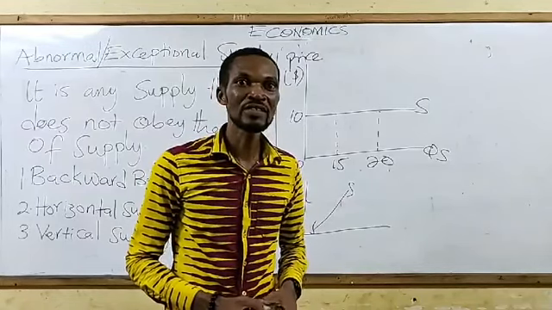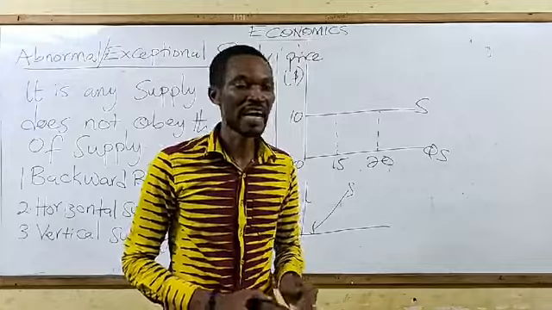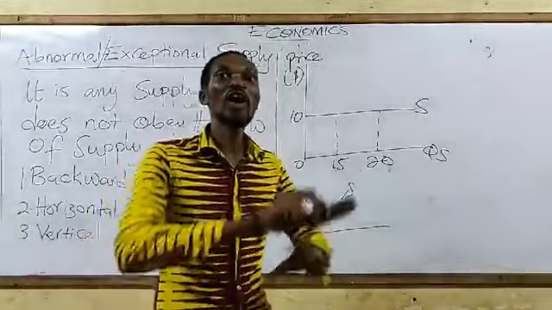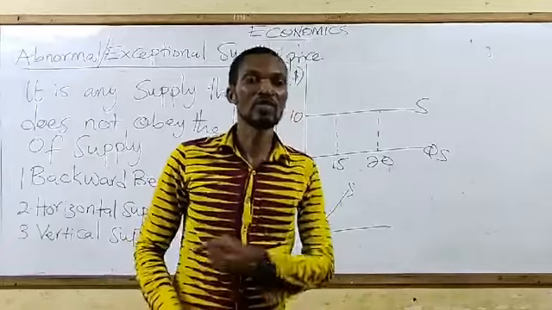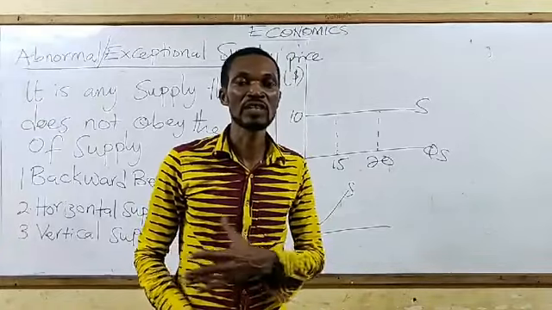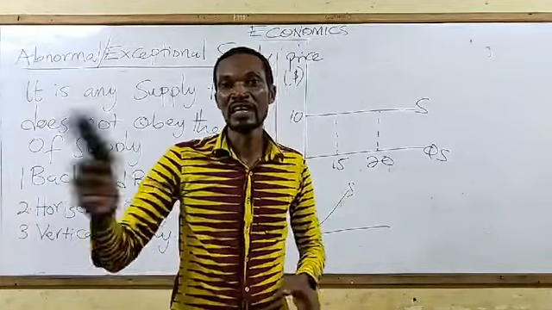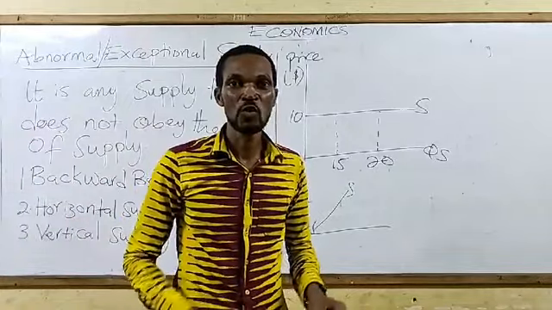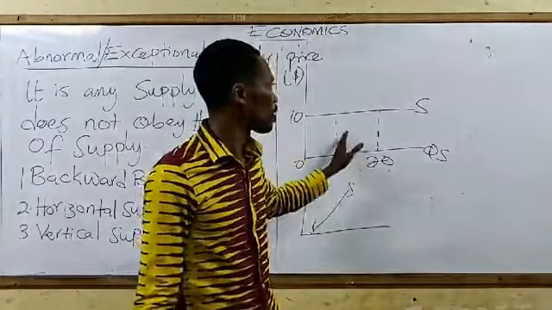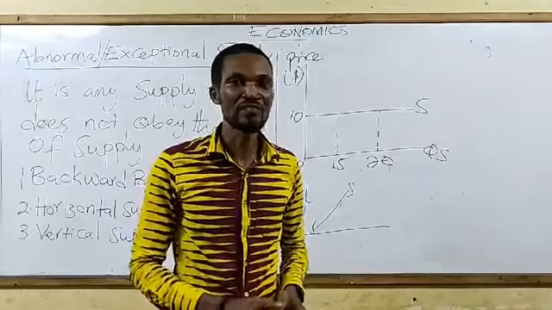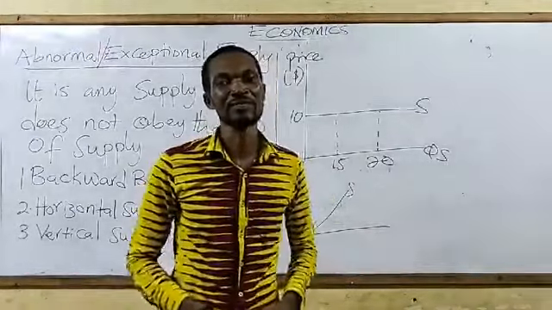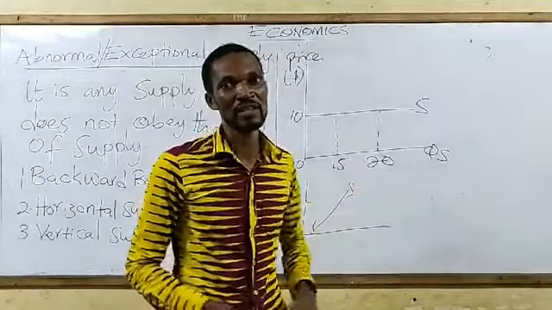The government gives the farmers a fixed price, and at that fixed price, any quantity that the farmer produces will be supplied to the government, because that's what the government will sell outside. So our cocoa beans in Ghana face this type of supply because the government has fixed the price.